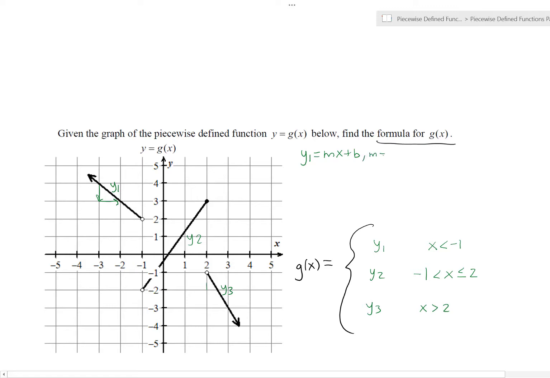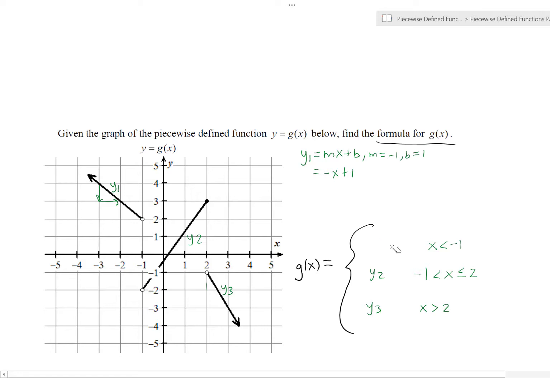So m is -1 in the first rule. If we kept going with this graph, we would end up at 1 on the y-axis, so the intercept would be (0, 1), therefore b is 1. Hence, y1, the first rule, is -x plus 1.